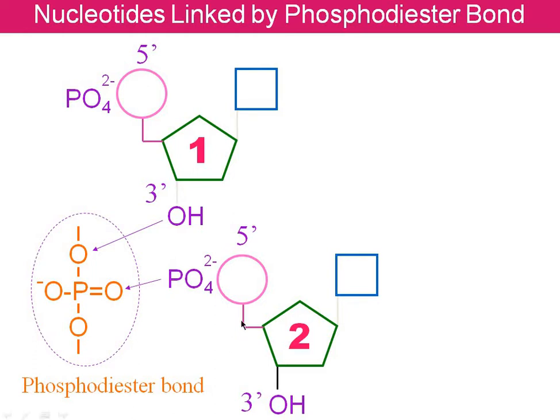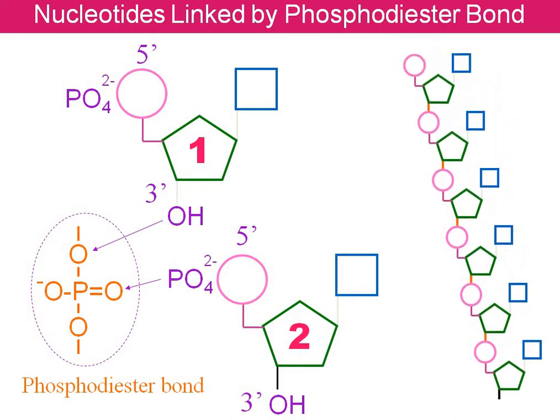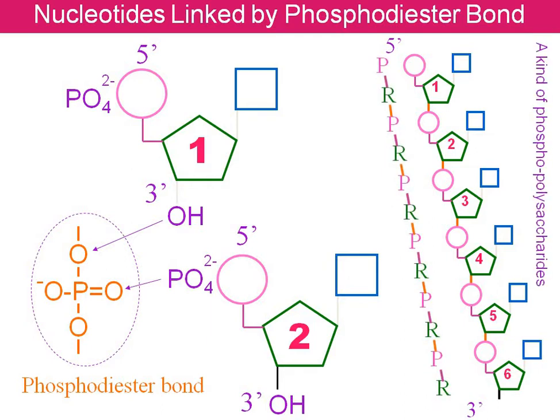One end is the 5 end, the other end is the 3 end. So this gives orientation to the nucleotide chain. So these nucleic acids are nothing but a long chain of such nucleotides, where the phosphate and sugar, they form the backbone, and to this the nitrogen bases are attached at right angles to the sugar molecule.